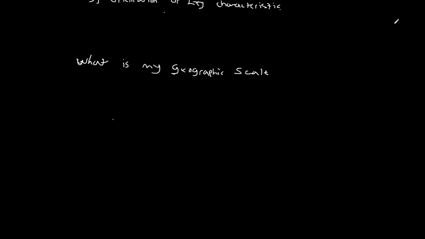And basically, you have four choices. One is global. Are you trying to map the entire globe on a single map? That's the biggest level of geographic scale you can have.